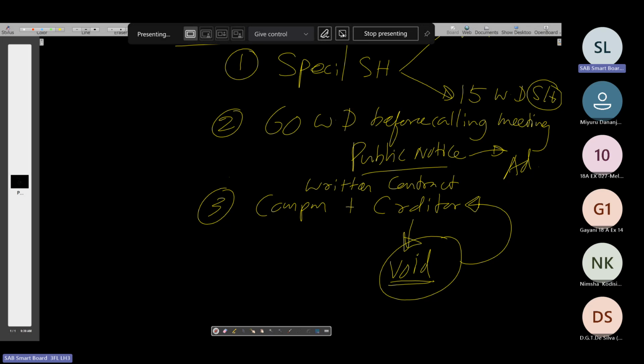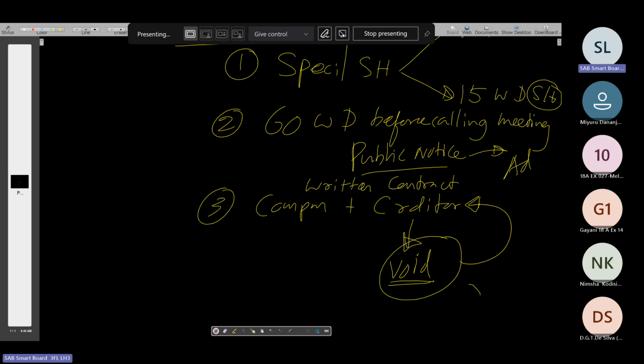And if the company engages in a contract with a creditor not to reduce the stated capital without getting the creditor's consent, then the company cannot breach that agreement. If the company has breached the contract, then that reduction is to be treated as void. So these are with regard to capital.